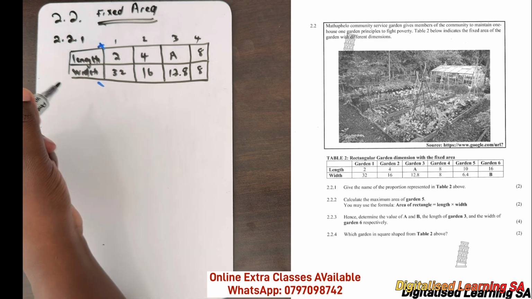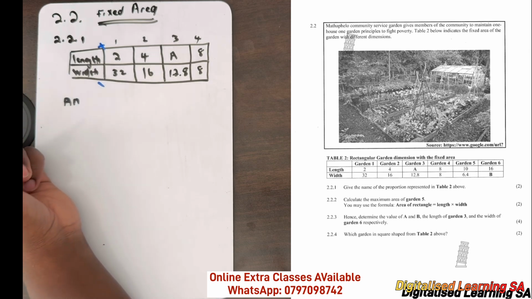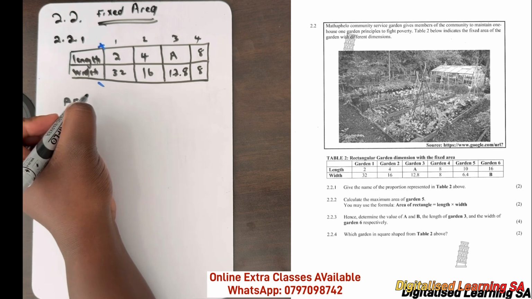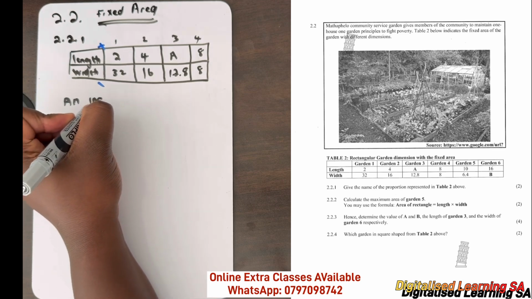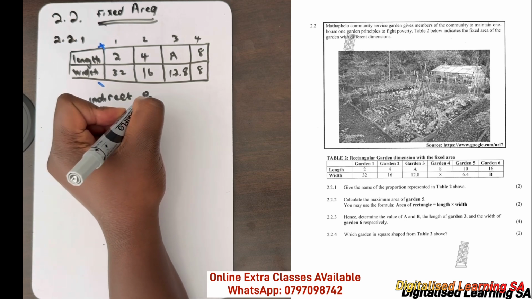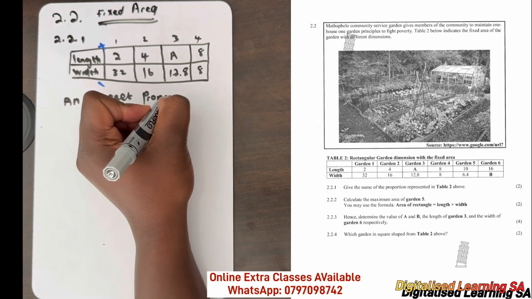Our answer will be an indirect proportion, based on the relationship that we just identified.